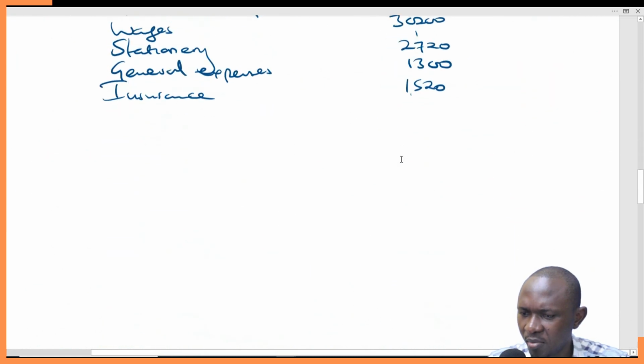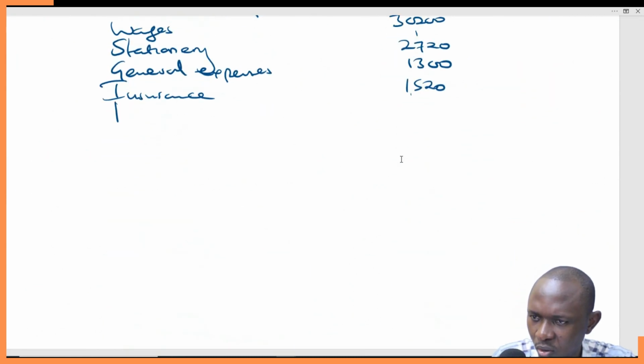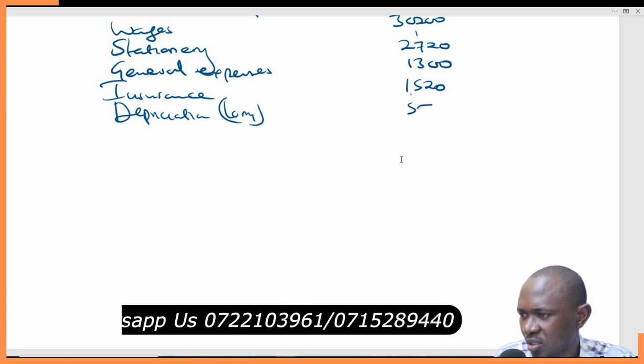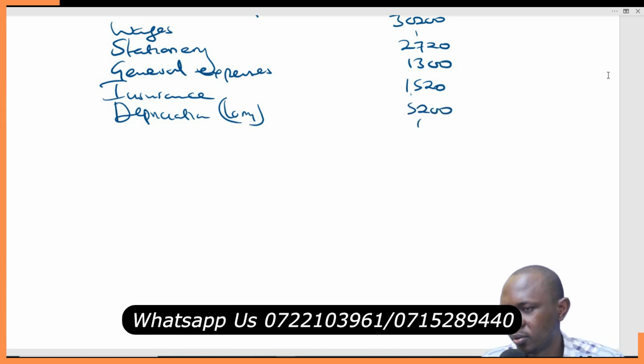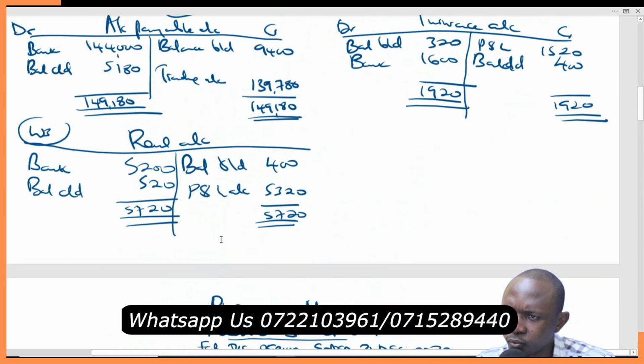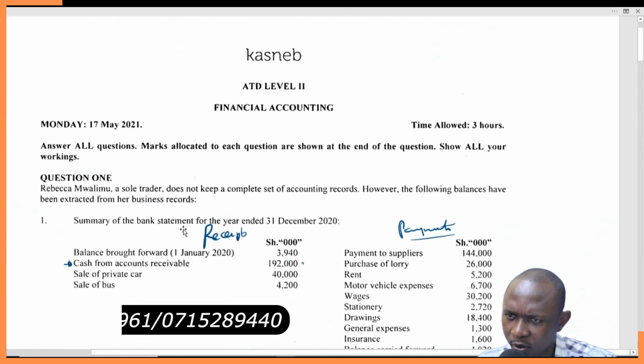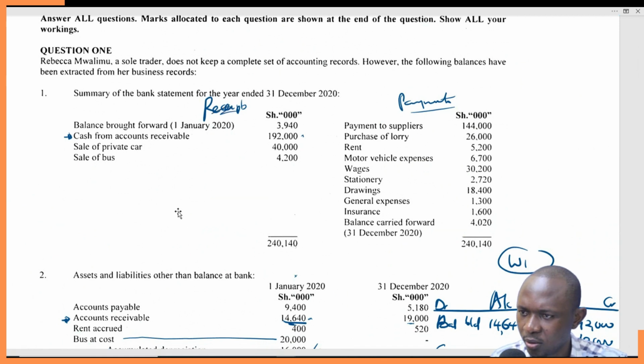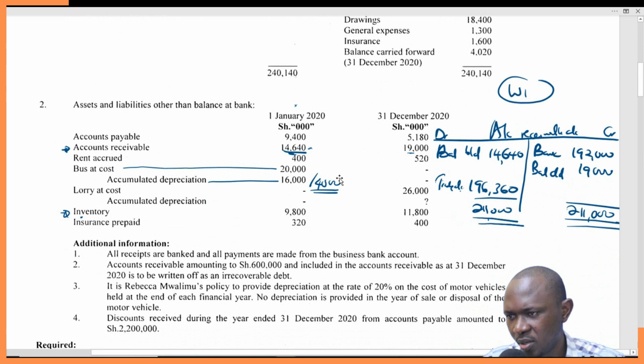We'll come here and say depreciation on the lorry, 5,200. Good. So we are done with that part.